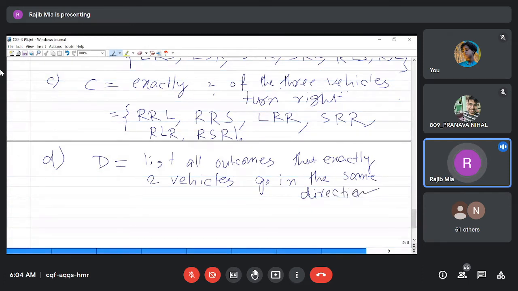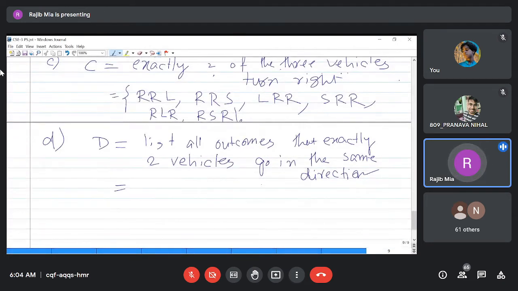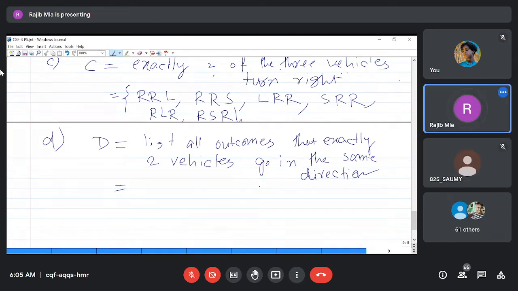Now D. List all outcomes in the event D that exactly two vehicles go in the same direction. So what is the total number of outcomes in D? It is 18.